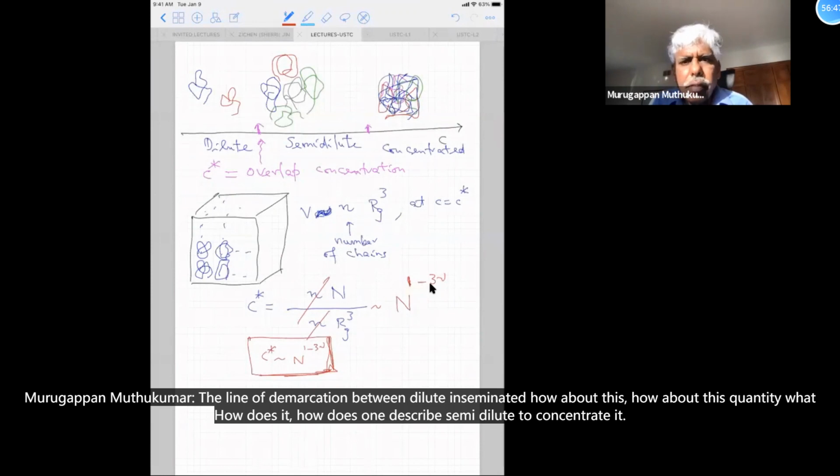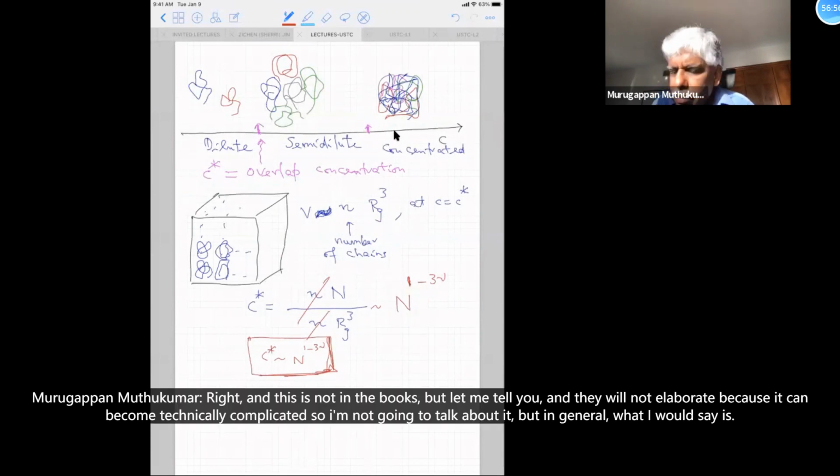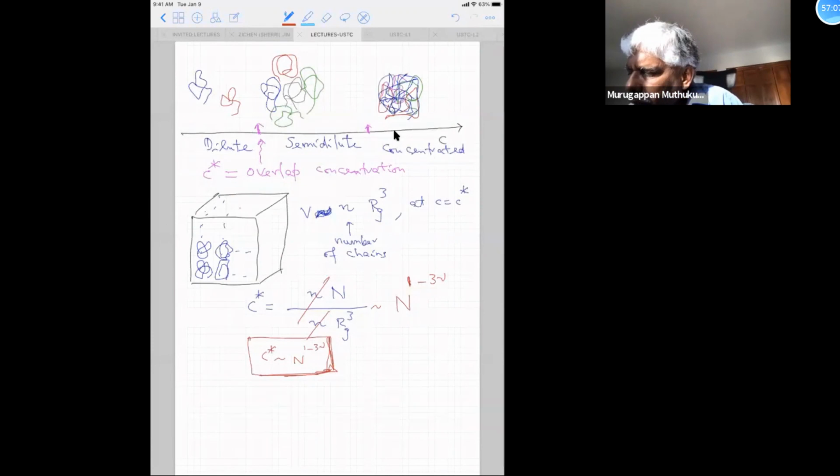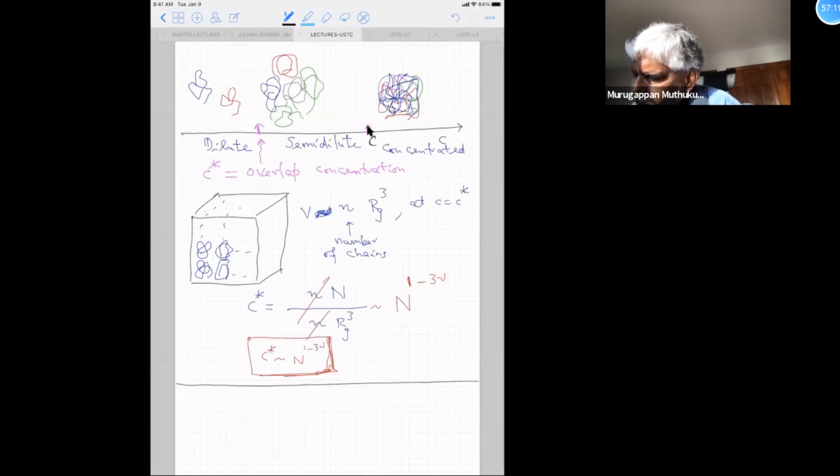How about the other quantity? How does one describe semi-dilute to concentrated? This is not in the books, and I will not elaborate because it can become technically complicated. But in general, let me call this line C prime, or C double star.